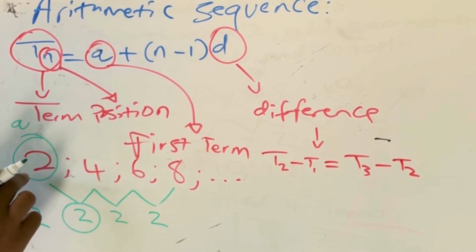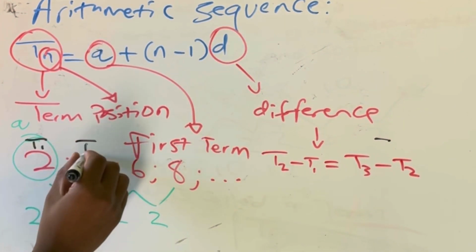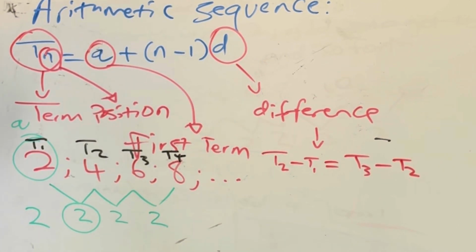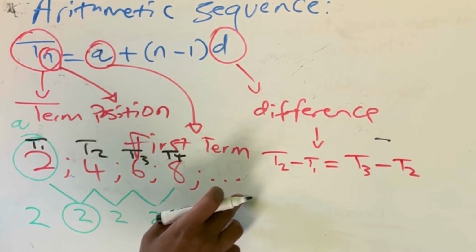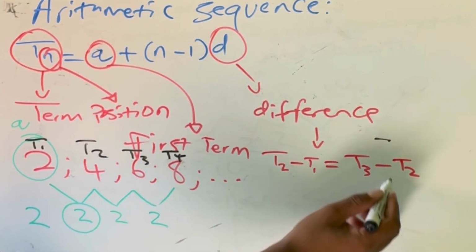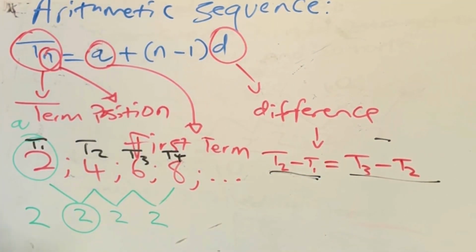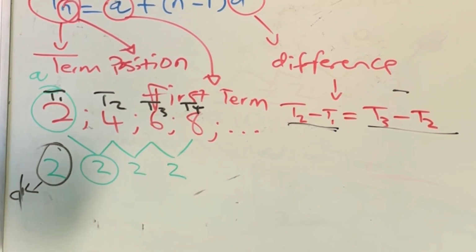Because T2 minus T1, let's say you have T1, T2, T3, T4, okay? T2 minus T1 is 2, T3 minus T2 is 2. So therefore, as we explained, the difference T2 minus T1 should be the same as T3 minus T2, and it's 2. 2 is then our difference, d. So then we can substitute to get the formula.